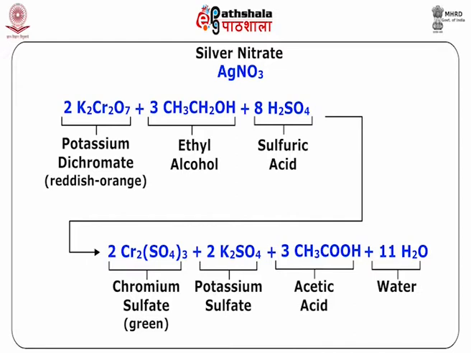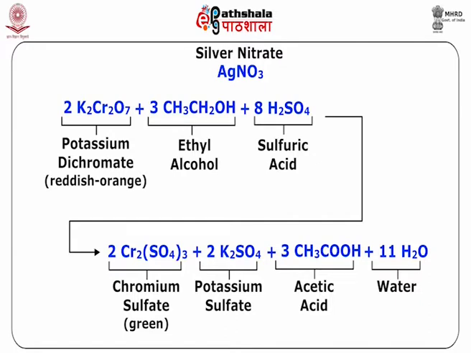From the chemical equation, it can easily be deduced that 2 moles of potassium dichromate combine with 3 moles of ethanol. Hence, the amount of dichromate utilized indirectly determines the amount of alcohol that was present in the sample.